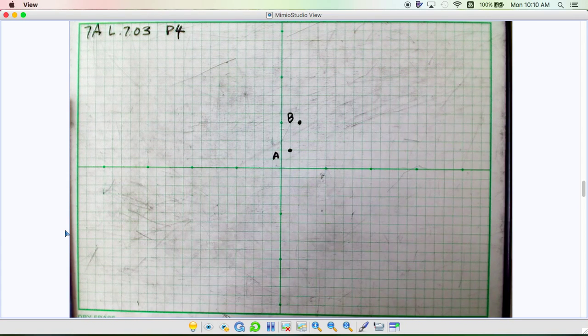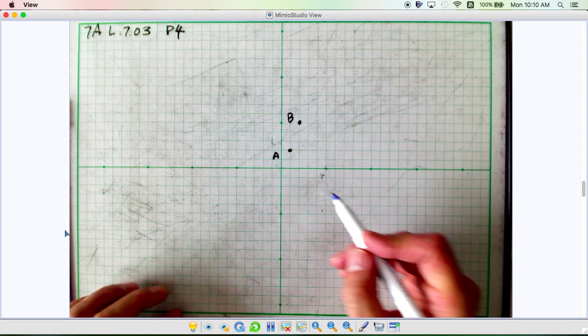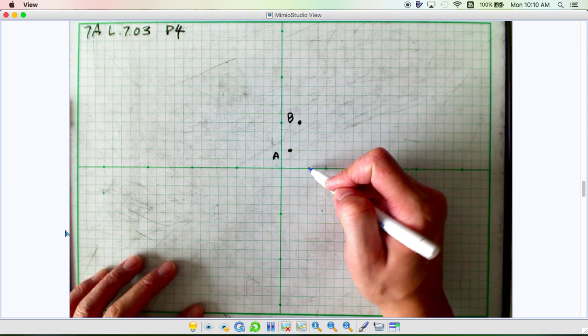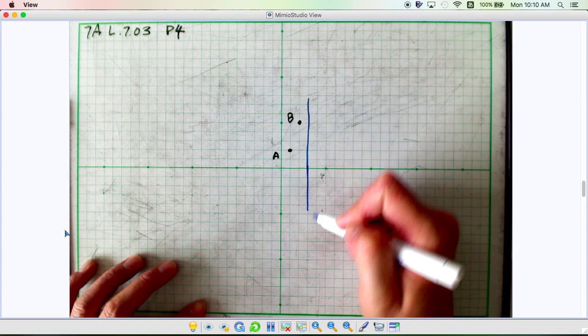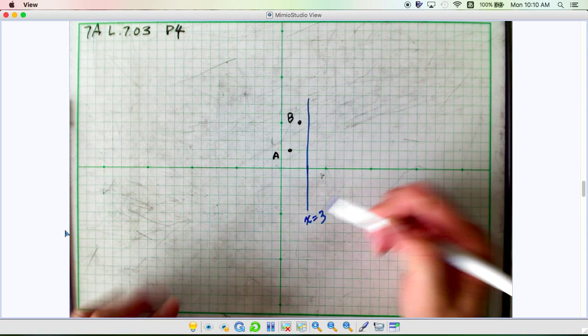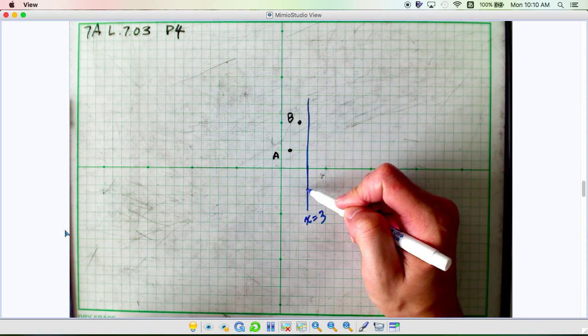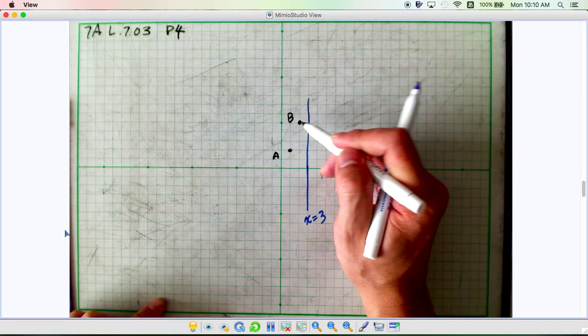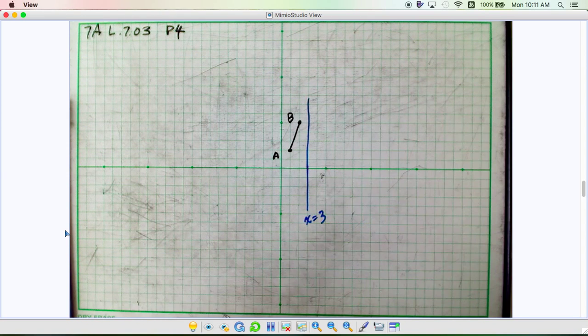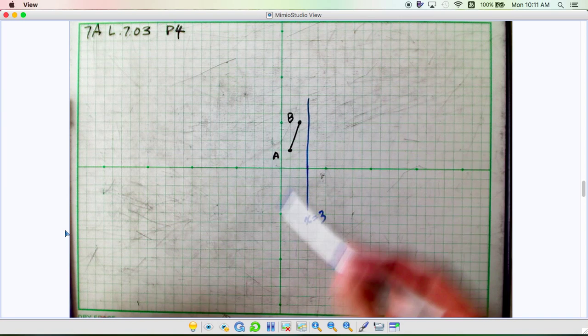So the line x equals 3 is this line. The name of this line is x equals 3 because any point you take on this line, the x coordinate will always be 3. So let's reflect this over this line.